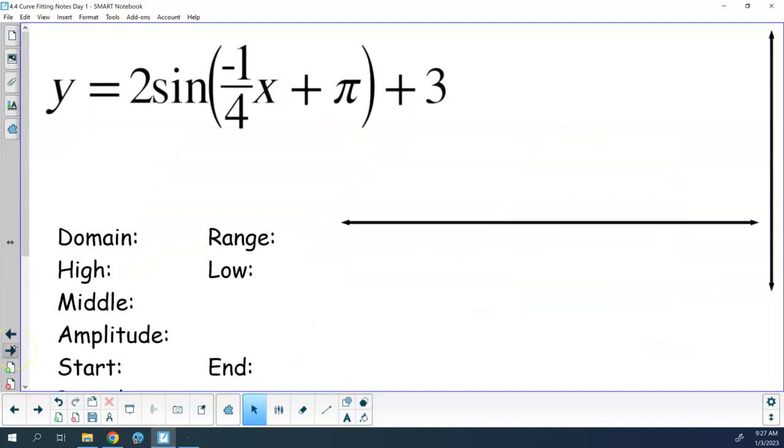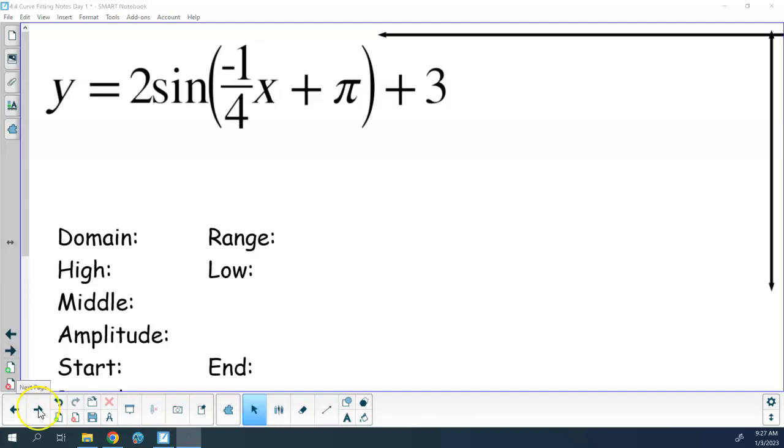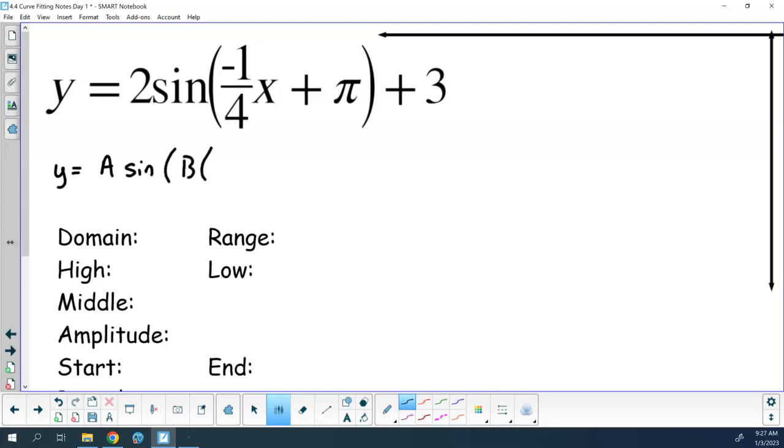So then we said, let's graph based off of that. Here's our first graph for today. We want to get it into the form y equals a sine of b times the quantity x minus c plus d, if it's not already.